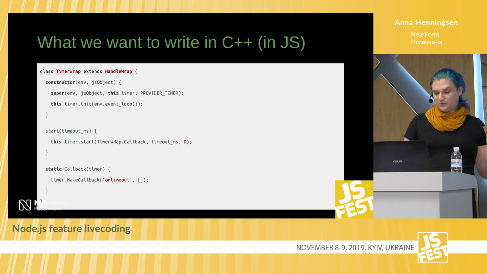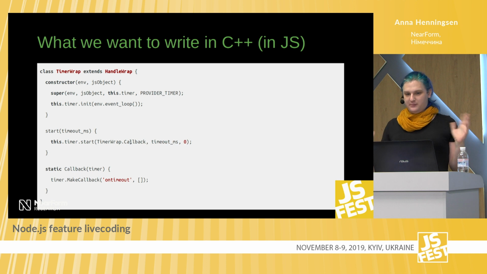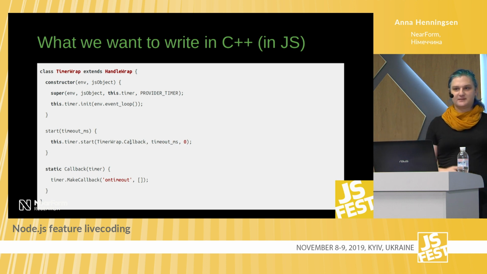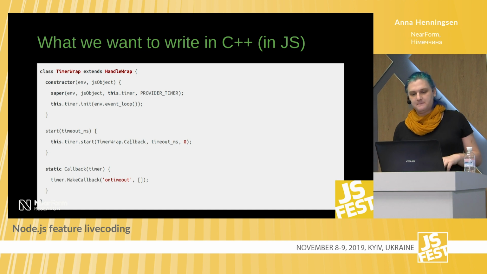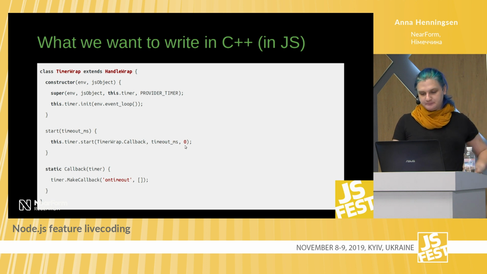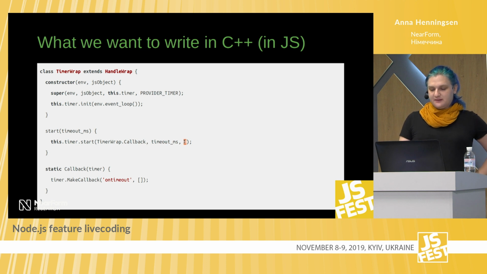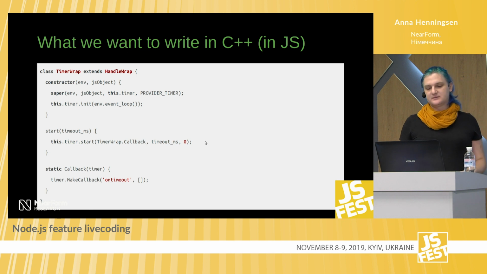We pass a callback to it, which can't really be a callback the same way that JavaScript does it, because libuv is a C library, and callbacks there work kind of differently. We pass it the timeout in milliseconds, so ideally we have made sure at that point that it's a number. 0 is the repeat parameter. We're going to say, just don't repeat this.